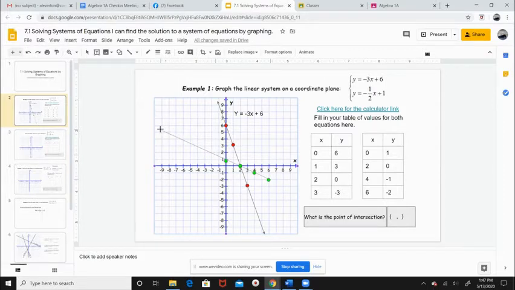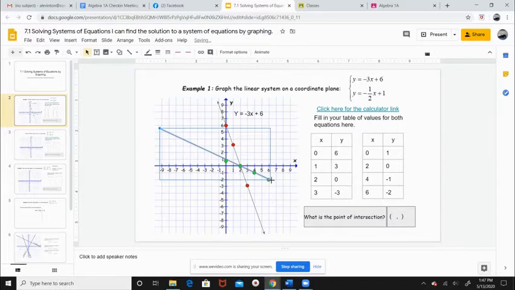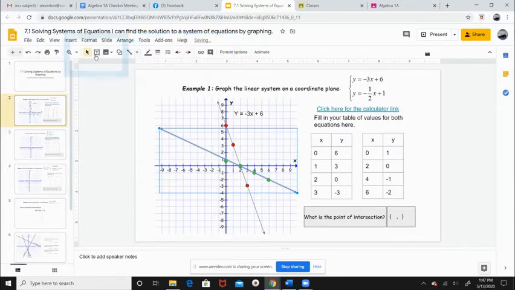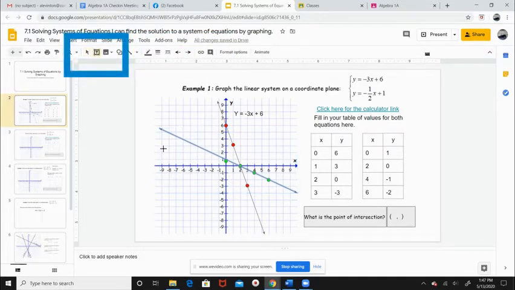Make sure that your line is crossing through every point that you have on the graph. Then for the same direction, drag it through. And then you have your second line. Don't forget to put arrows on both ends, and also create a text box in order to label the second function.